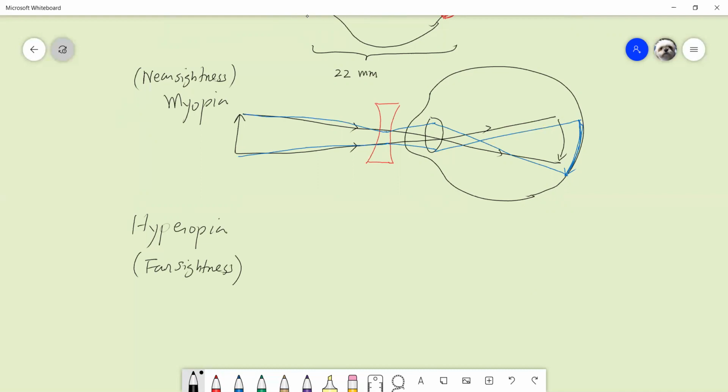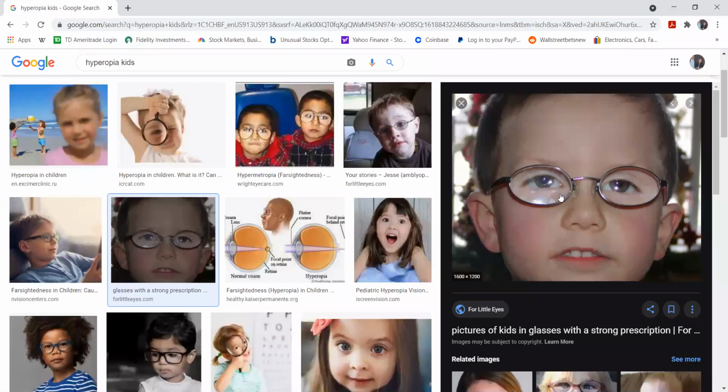Now I don't know whether you see some kids who wear glasses and you see their eyes look very big, right? Why? The lens is nothing more than a convergent lens, or the convex lens, right? Now what happened in hyperopia?